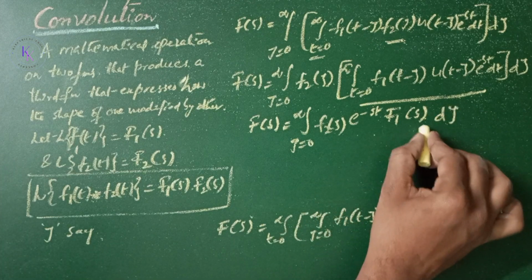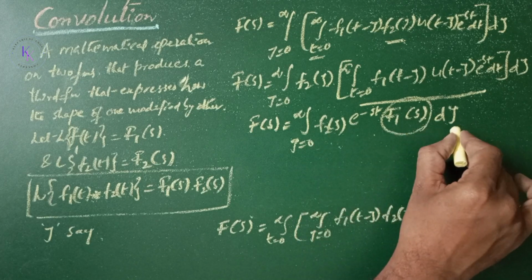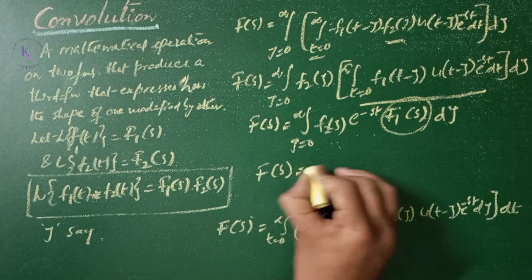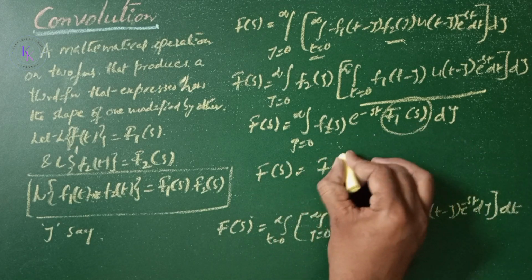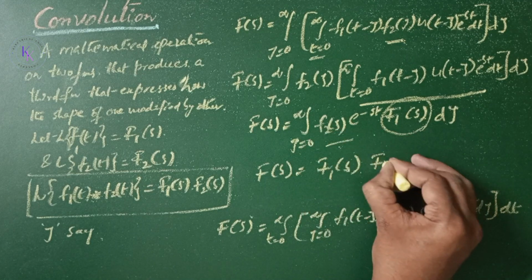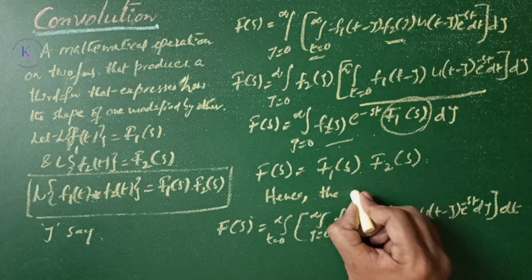Now if you observe, other than this F1(s), the remaining integral is nothing but the Laplace transform of f2, that is F2(s). Now we can write F(s) equals, taking this out, F1(s) times the remaining term, which equals F2(s). Hence the convolution theorem.